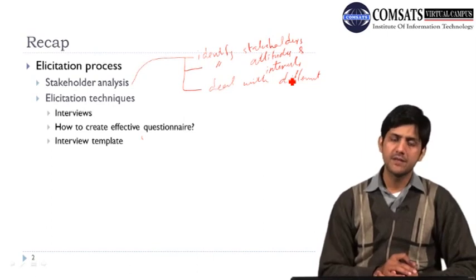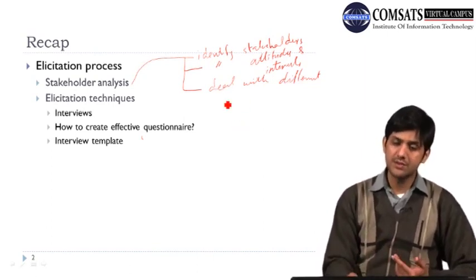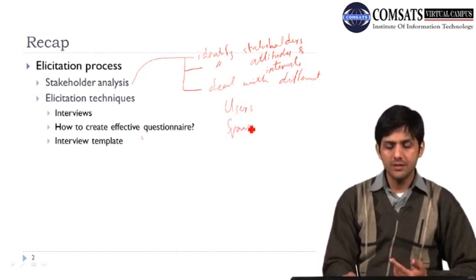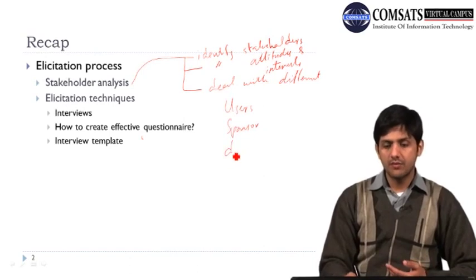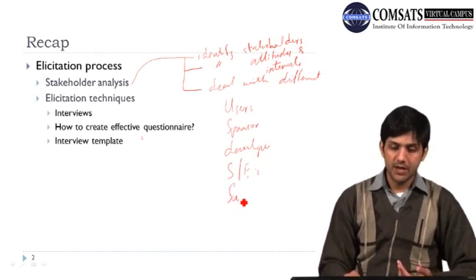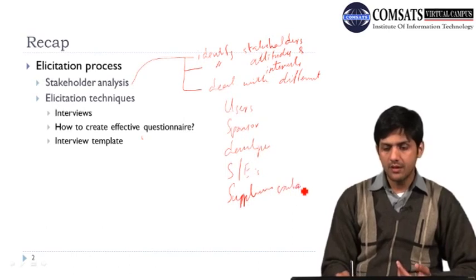We said it can include the users of the system, the sponsor, the developers and all the software engineers who are working on it. It can also include the suppliers and all the contractors.